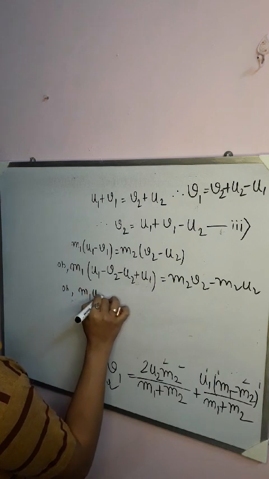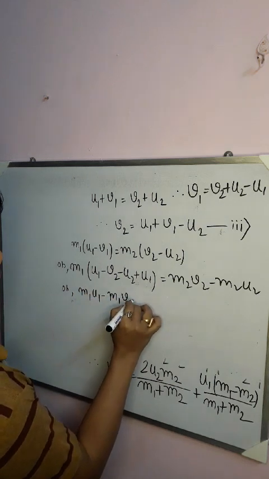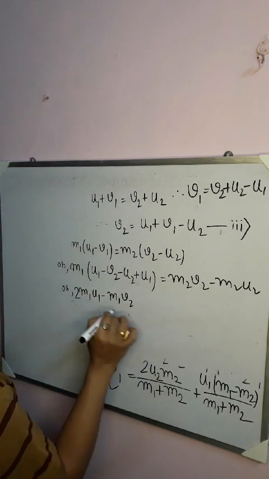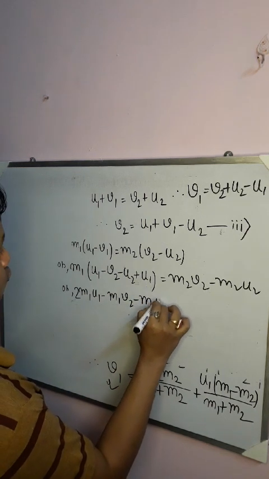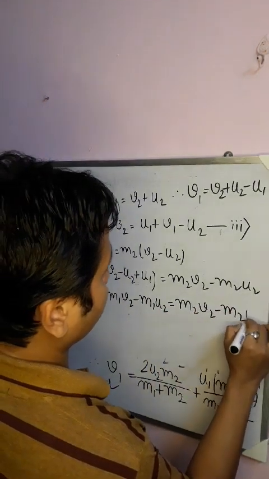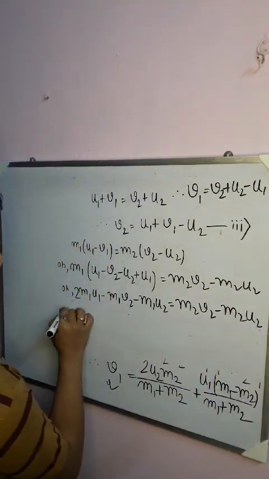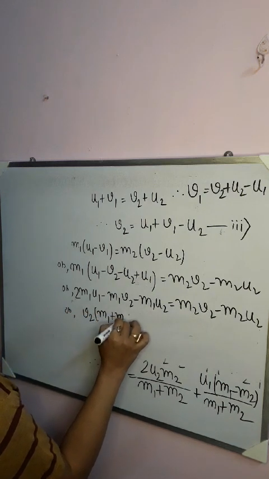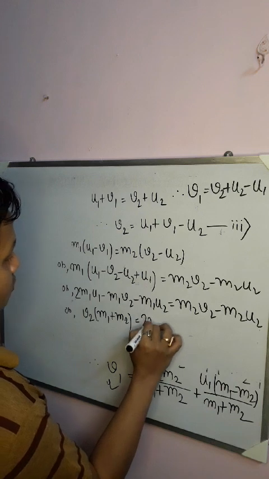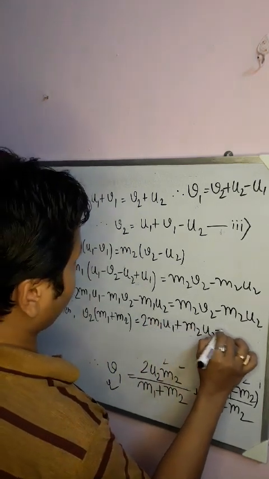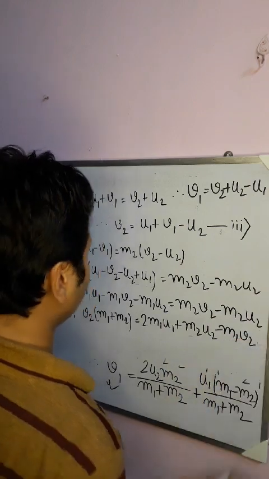Now m1 u1 minus m1 v2, there will be 2 m1 u1 minus m1 u2. This equals m2 v2 minus m2 u2. So if we take v2 common, this is simply m1 plus m2, which equals 2 m1 u1 plus m2 u2 minus m1 u2.